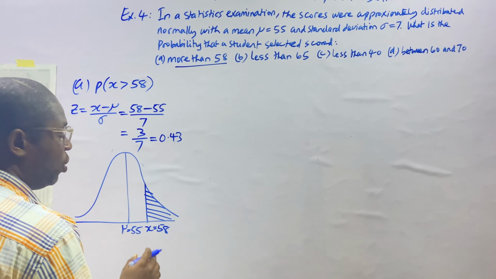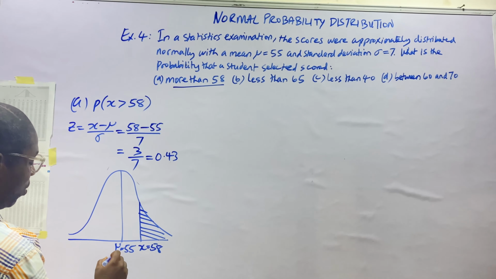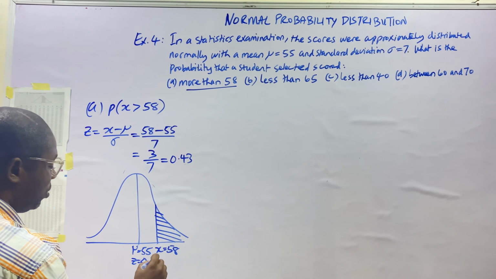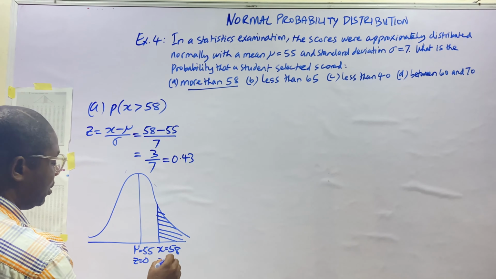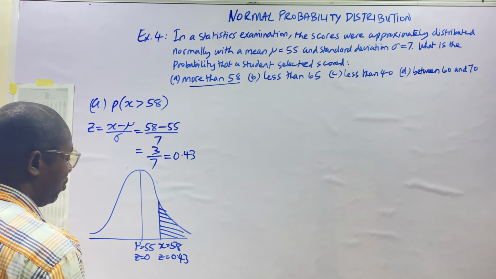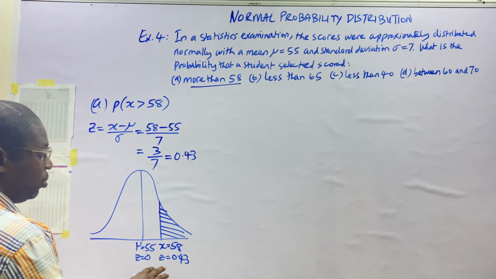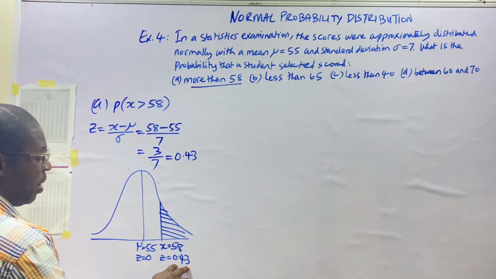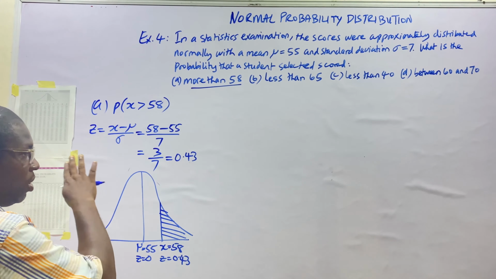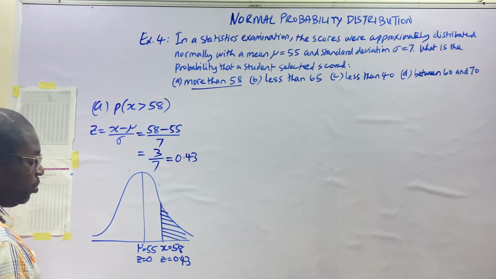Now let's represent the z-score also. At the mean, the z-score is 0, and the z-score at this point is 0.43.